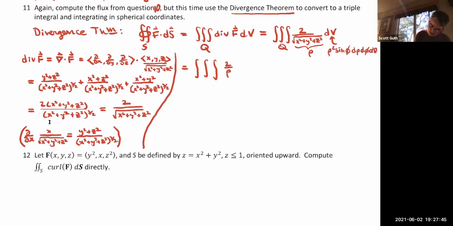So 2 over rho, and then we get a rho squared sine phi d rho d phi d theta. Because it's just a sphere, rho has to go from the origin out to the radius of the sphere, phi has to go from the North Pole, where phi is 0, to the South Pole, where phi is pi, and theta all the way around the equator from 0 to 2 pi.